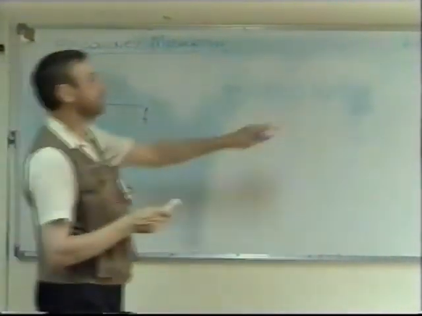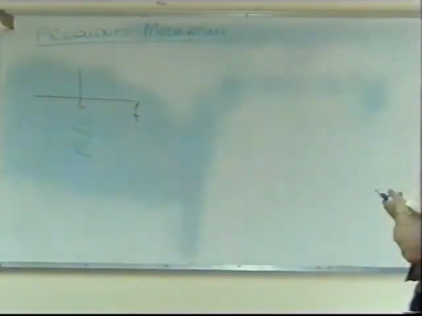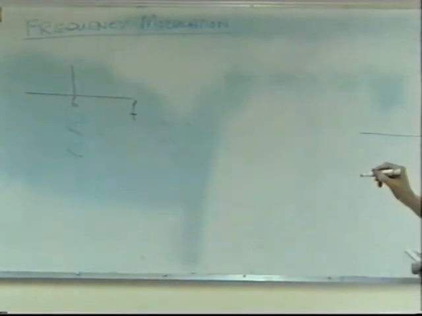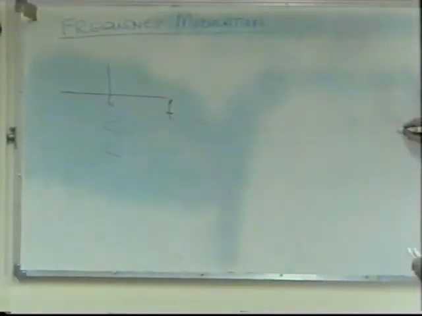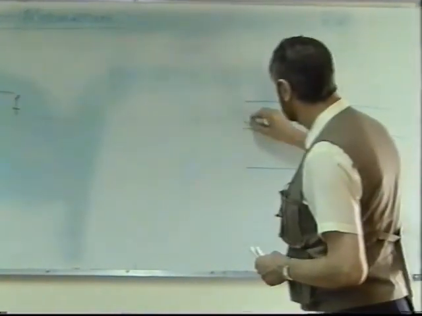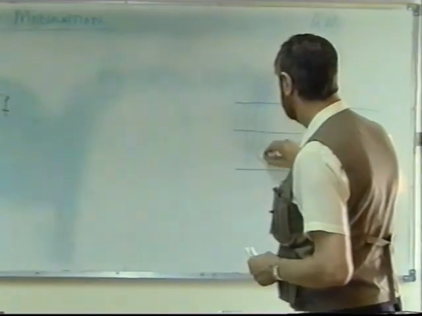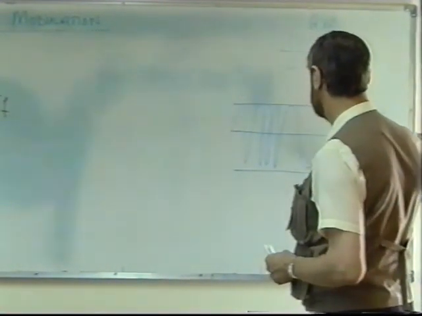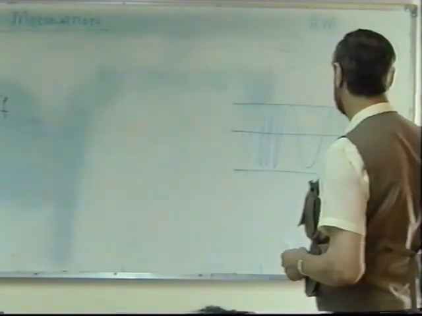If you were to draw it on a waveform like this, it's a little more difficult. You begin with a carrier. Let's put a couple of lines in here to see. There's our carrier. And then you increase its frequency, you see what's happening? And then you decrease its frequency. And then go back to normal again.